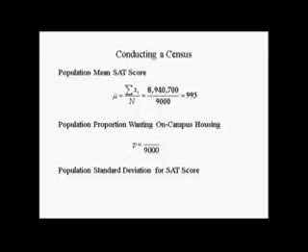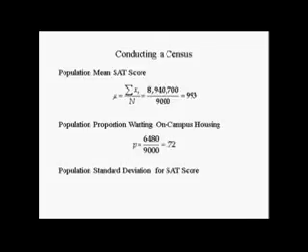The population proportion of those wanting on-campus housing equals the number who want on-campus housing divided by the size of the population. Again, the size of the population is 9,000, and the number of those who want on-campus housing is 6,480. The population proportion is 0.72.